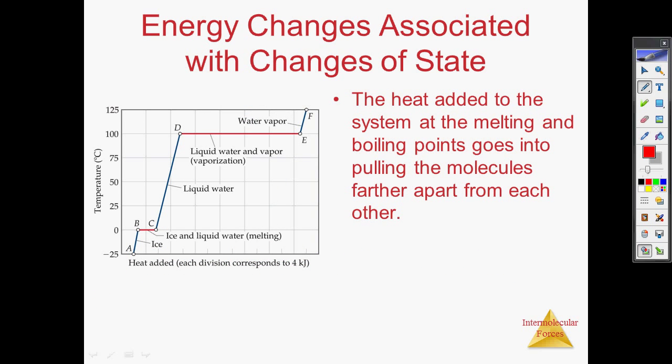All right, energy change associated with a change of state. This graph, you should all have seen before, I would hope. The energy added at the melting point and boiling point goes into pulling the molecules farther apart from each other. So what is the state of matter right here at A? Solid. And what's happening right here?